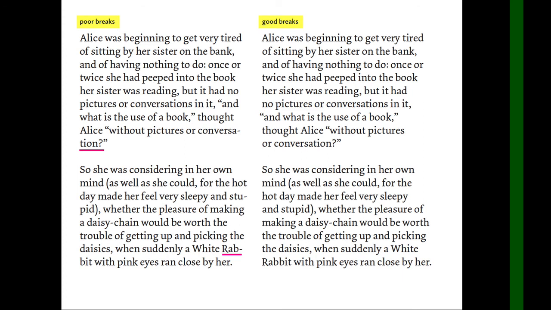And then in the second paragraph, we have a problem when suddenly a white rabbit with pink eyes ran close by her. This is a problem because White Rabbit is capitalized. And if you know the story of Alice in Wonderland, it is capitalized because White Rabbit is actually a character's name.